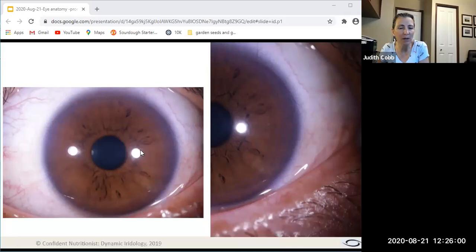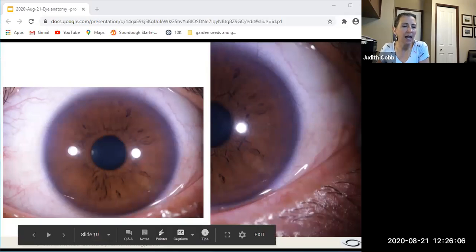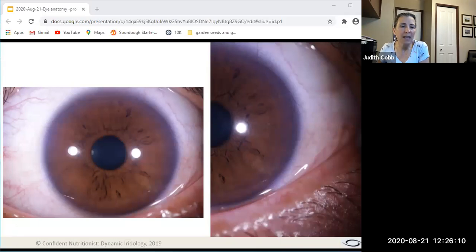What we see is what we call lacunae. So when I see lacunae placed like this, and when I see that she's got brown eyes, it suggests to me that there may be some inherent potentials for different areas of weakness and malfunctioning in her body.